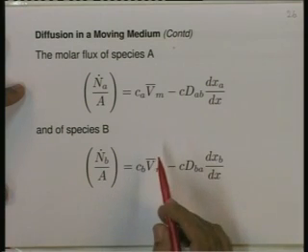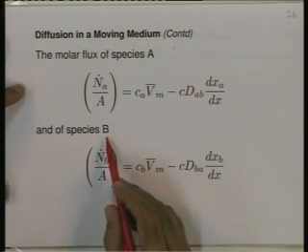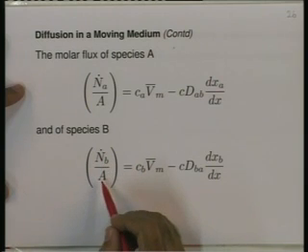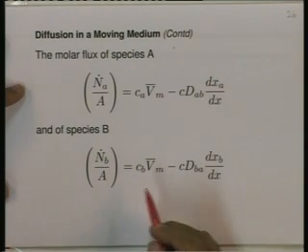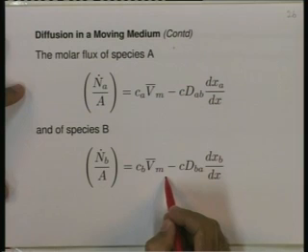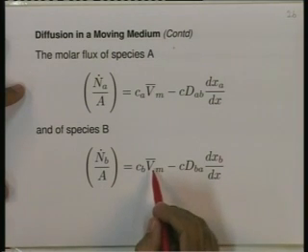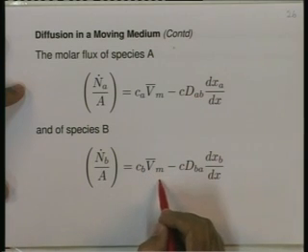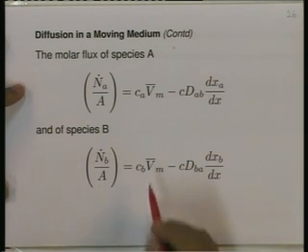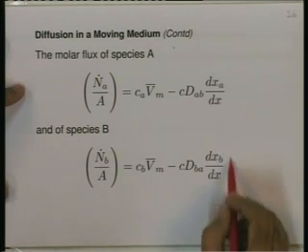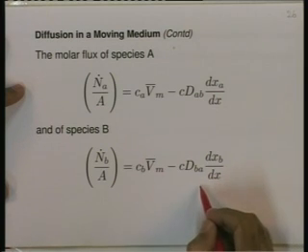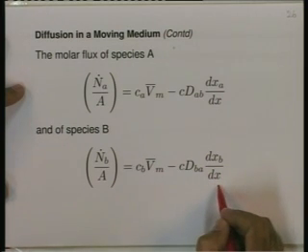In a similar fashion, for species B, we can write molar flux of species B, kg mole of B per meter square per second, will be in part due to the bulk movement of species B because of the molar average velocity V bar m, that would be Cb V bar m. Add to that minus C DBA dXB by dx, which is the diffusive component.